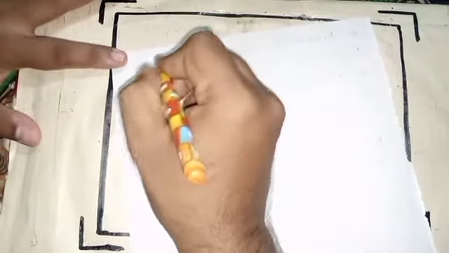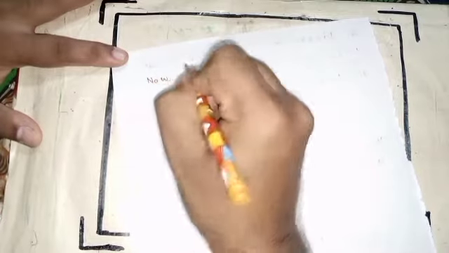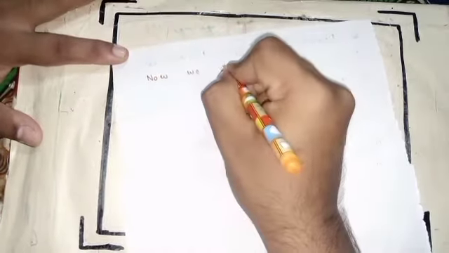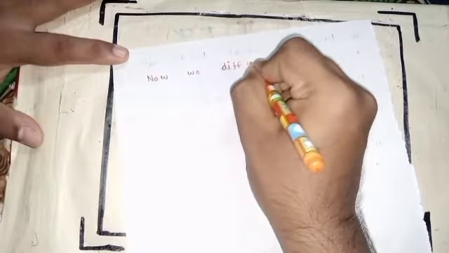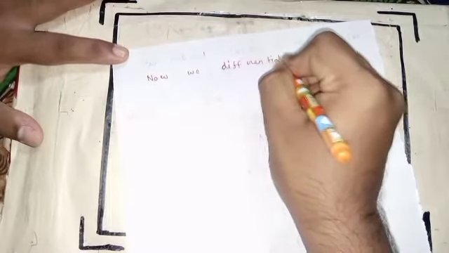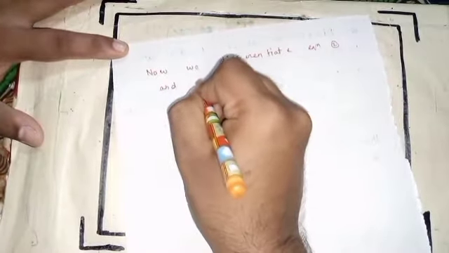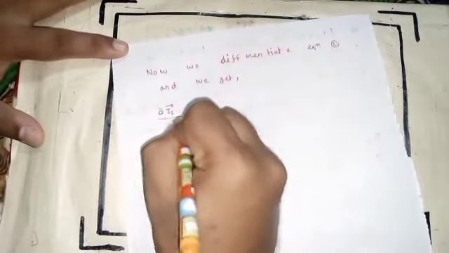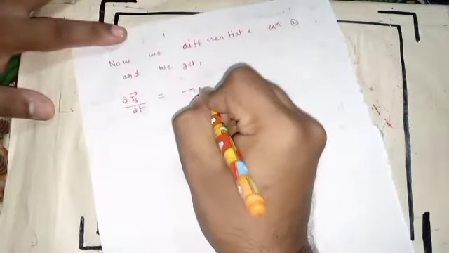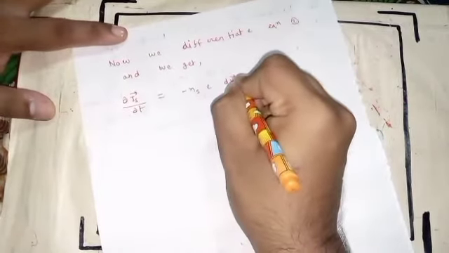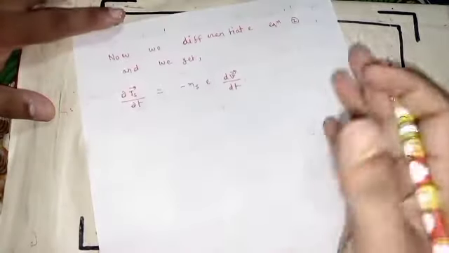So now we differentiate equation 2 and we get dou Js vector by dou t is equals to Ns e times minus e dv vector by dt.